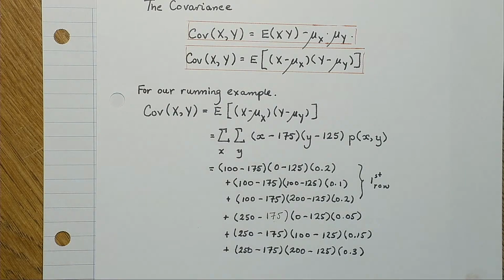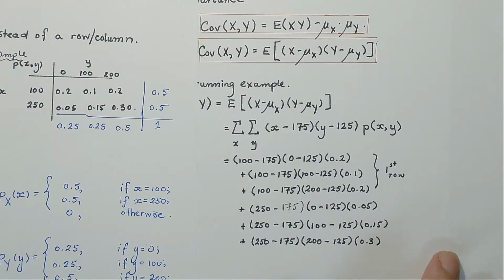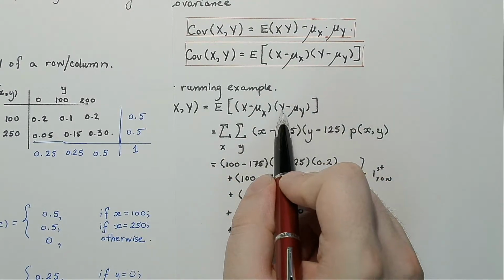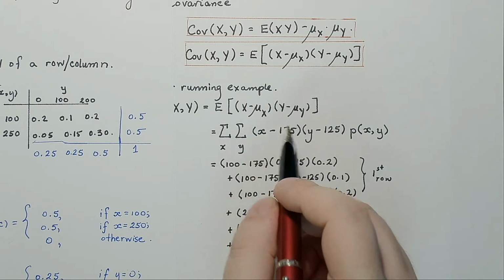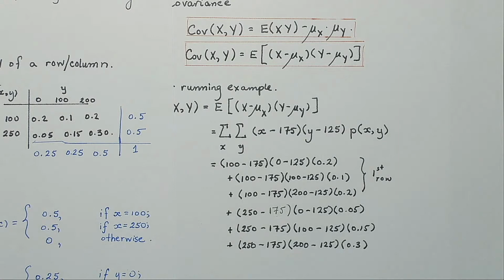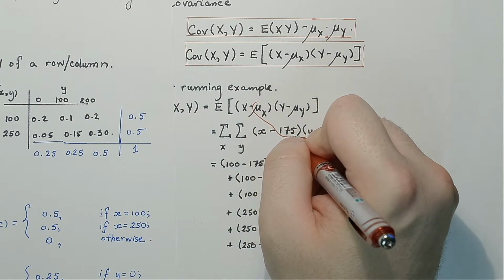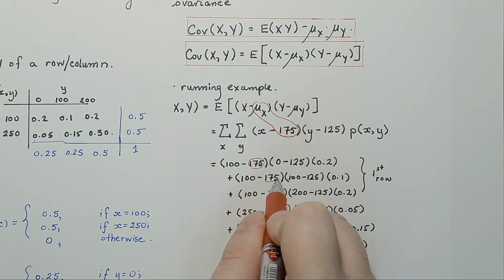Okay. So just to go through that once more. So I have my x value and I have my y value. So that will be my x minus 175. So right through here, this is my mean. So if you notice here, on each of these, there's the mean.